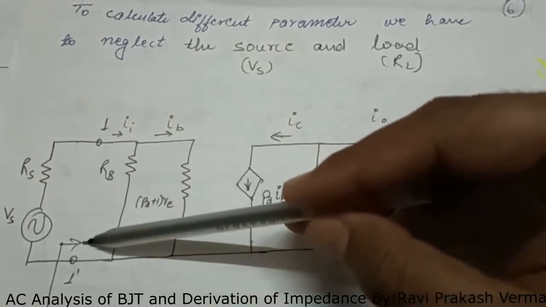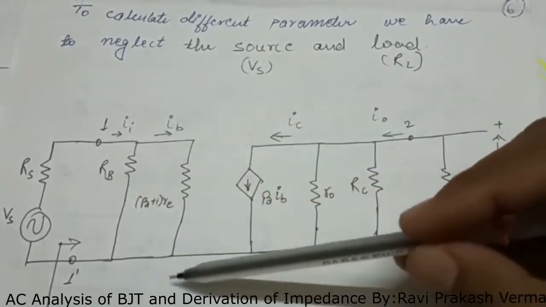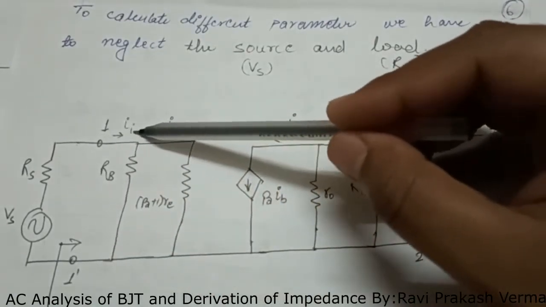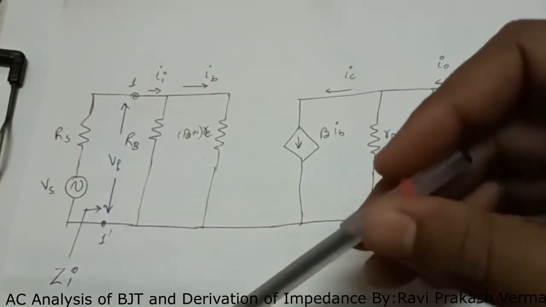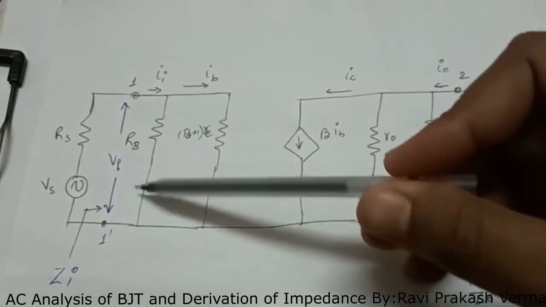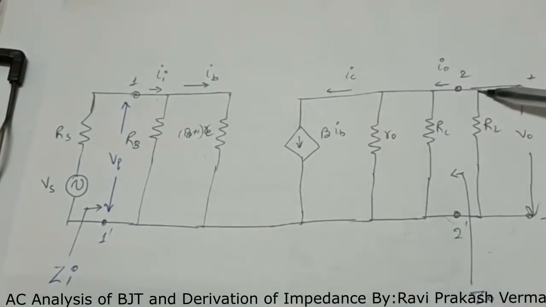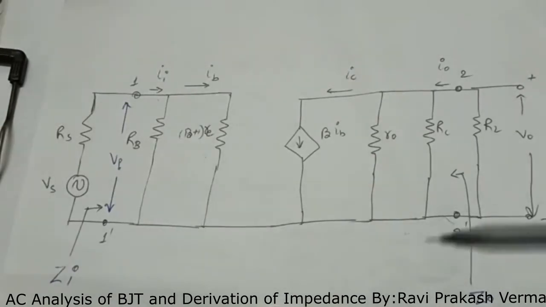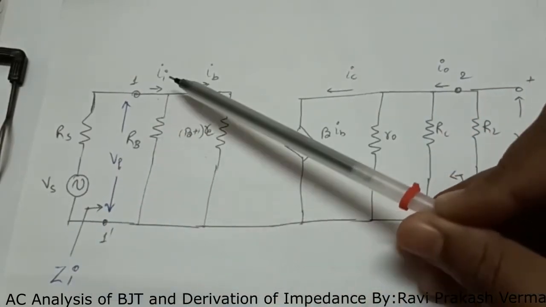For that we will consider the voltage between these two nodes as Vi, while this is your input current. Now we have to find the impedance between 1 and 1', and the output impedance between 2 and 2'. We can say that the input impedance Zi is equal to Vi upon Ii.